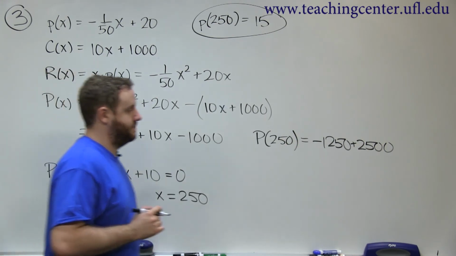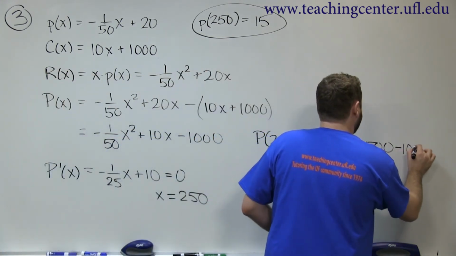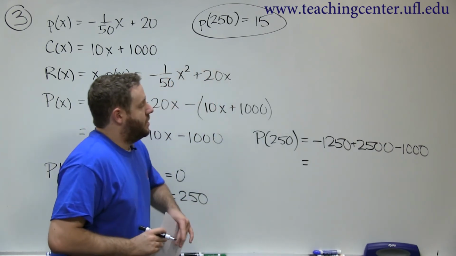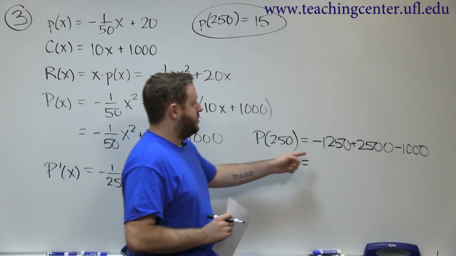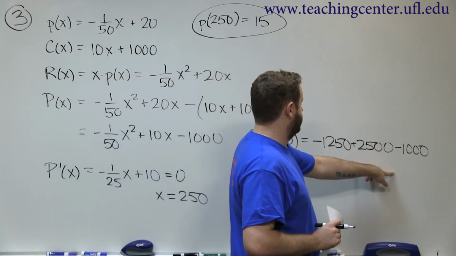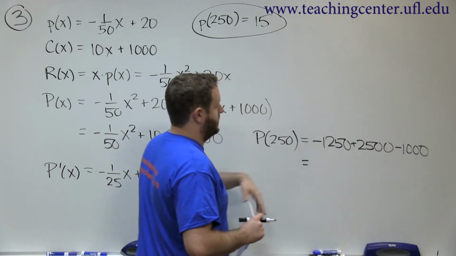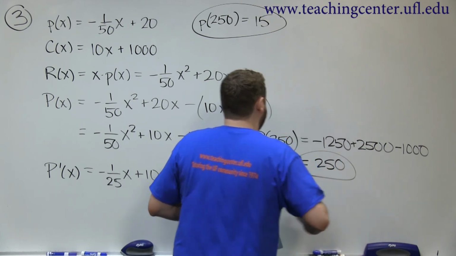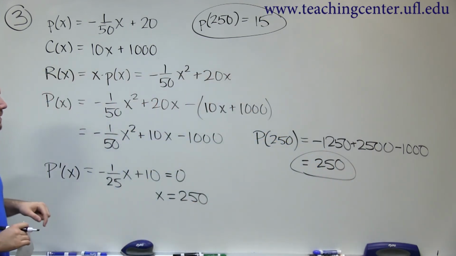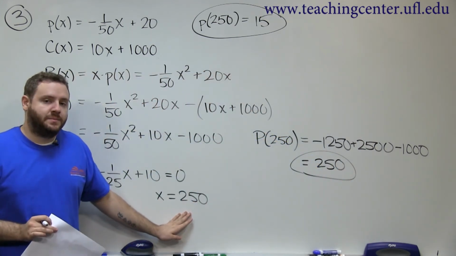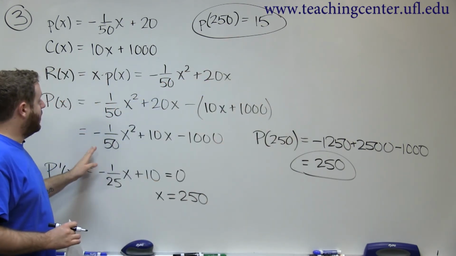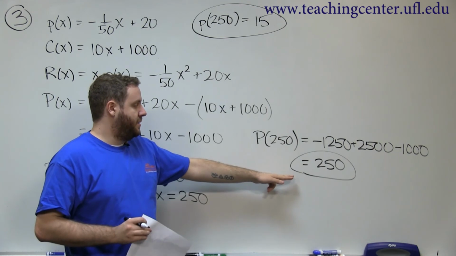And we have minus 1,000. So we just need to figure out what that is. This would be minus 2,250 altogether. 2,500 minus 2,250 would be 250. So if we sell 250 items at $15 a piece, the amount of profit we would make is $250.